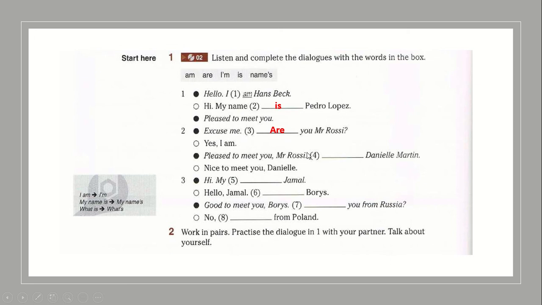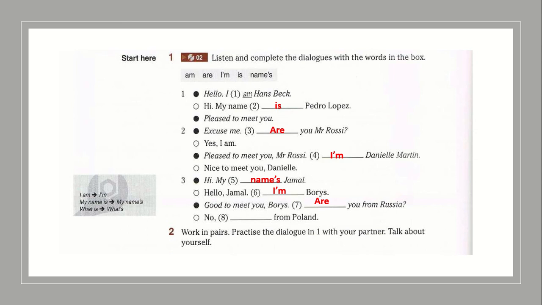Number 4, very good, I'm. Number 5, excellent, names. And number 6, I'm again. Yes, again, we're using the same word. Number 7, are.